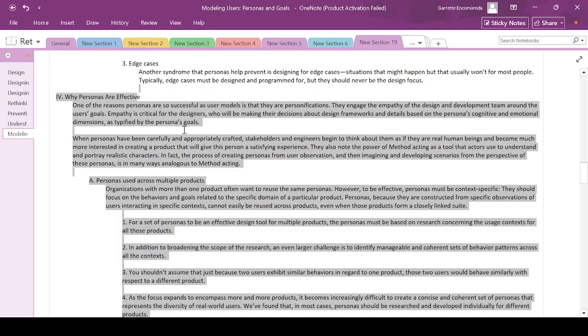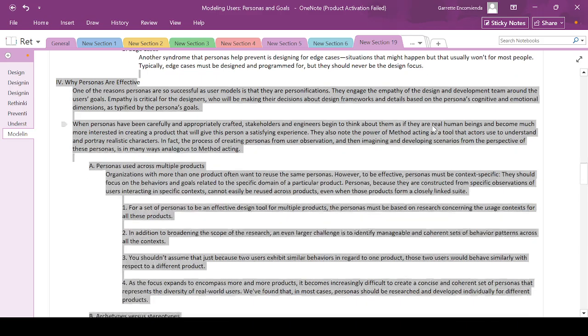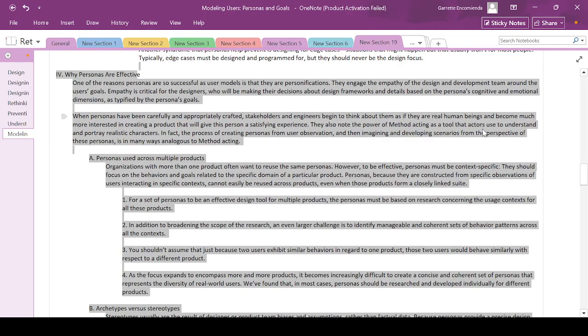Empathy is critical for designers who will be making their decisions about design frameworks and details based on the persona's cognitive and emotional dimensions as typified by the persona's goals. So persona's goals actually have cognitive and emotional dimensions that you need to consider because they are human.